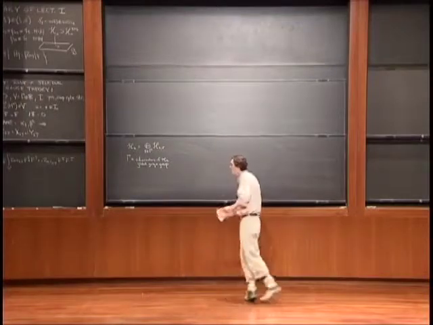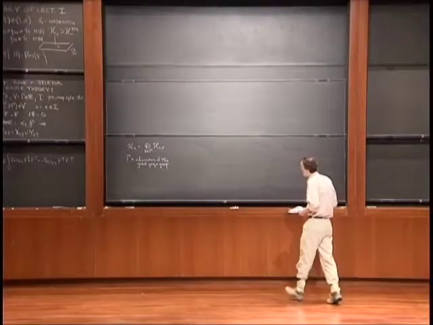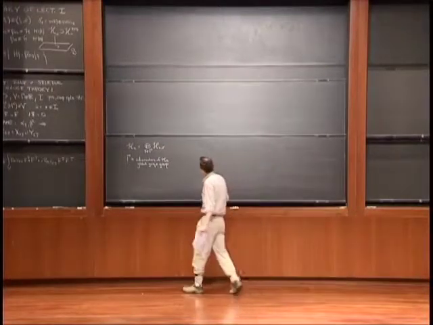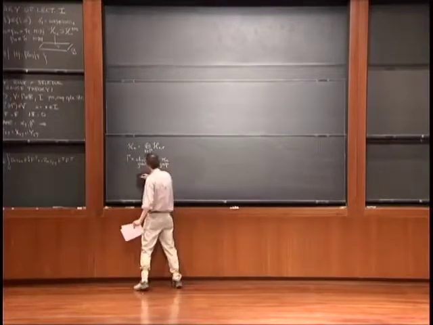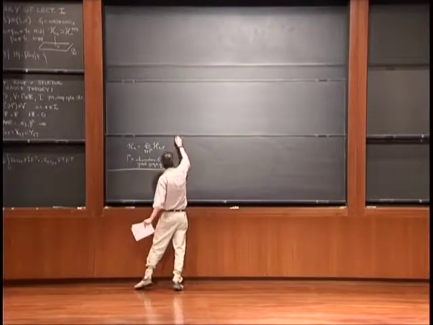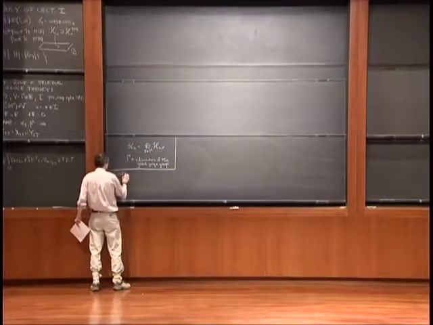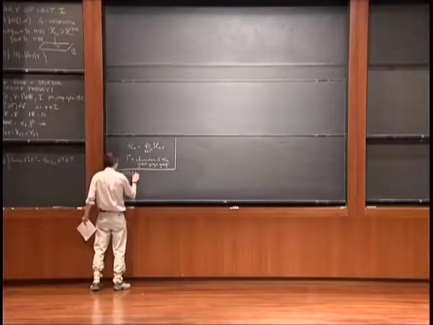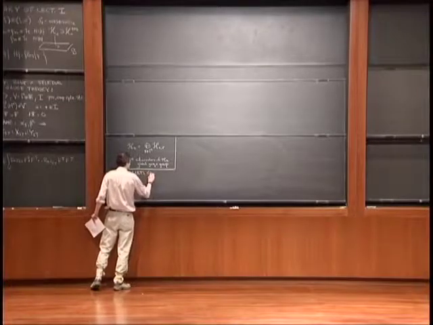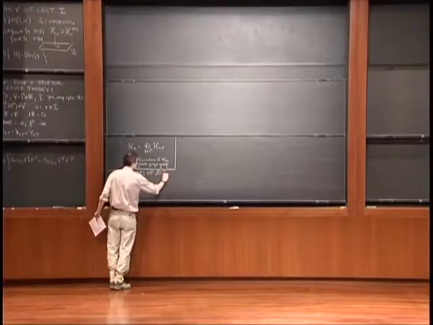Now, what we really need to start with today are the constraints of supersymmetry. I want to summarize the constraints of N equals 2 supersymmetry.